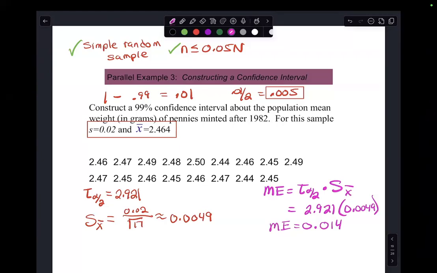Okay, that was a lot of work. Y'all hung in there. Good job. So now all I need to do is write my conclusion. There's two different ways that we can do this.